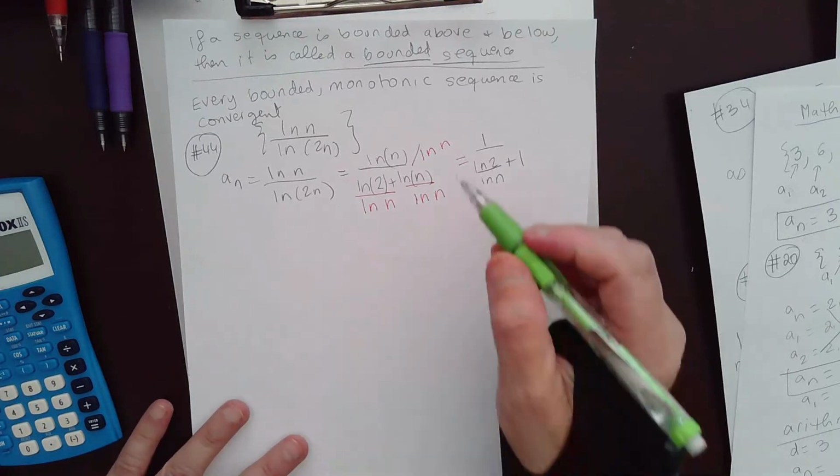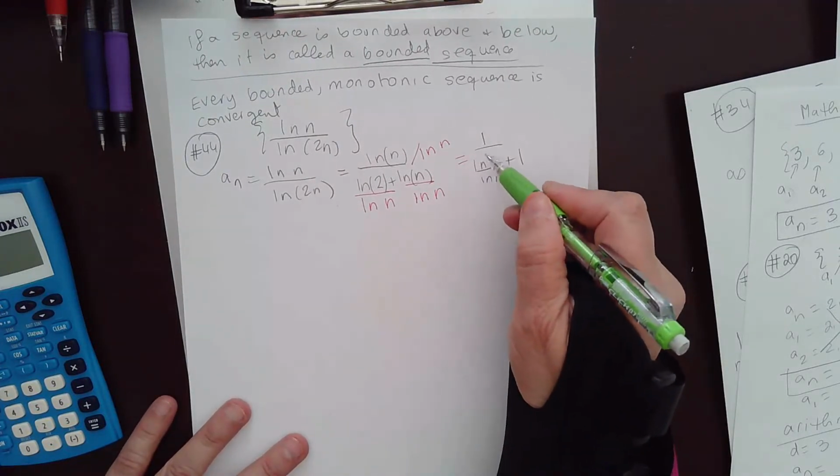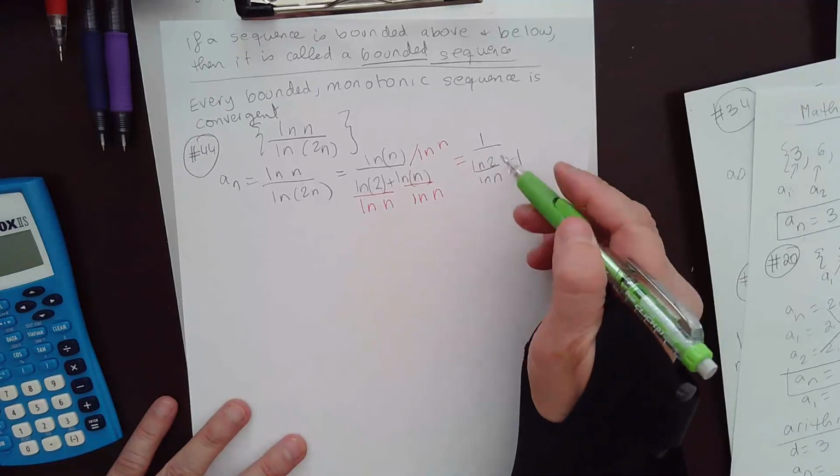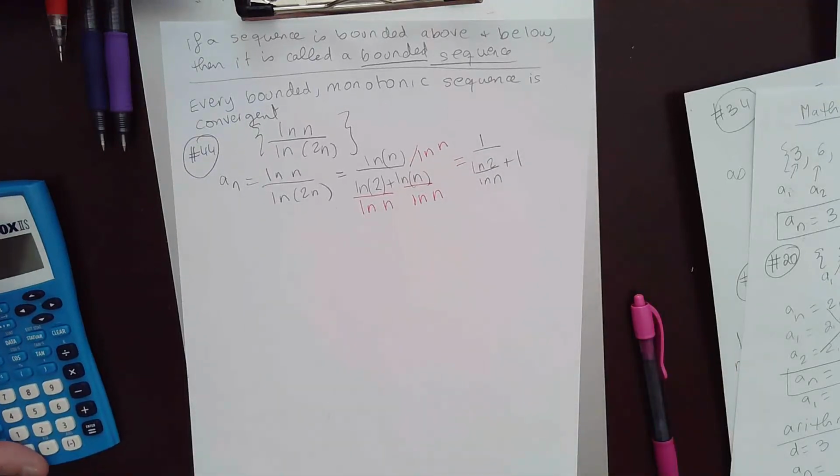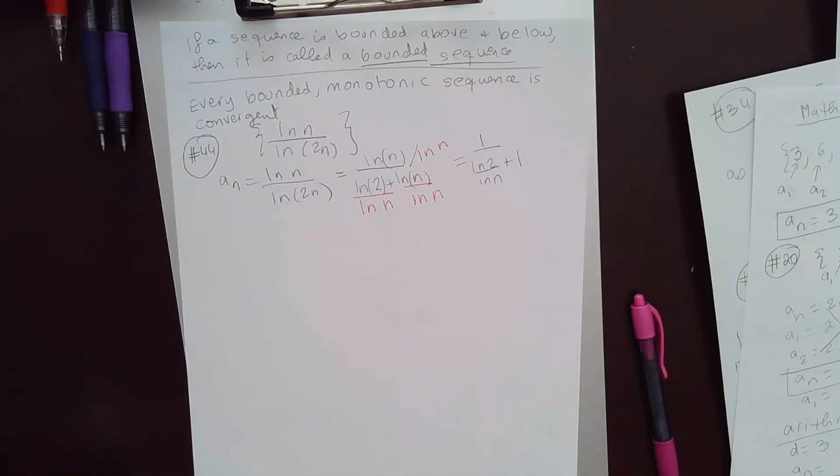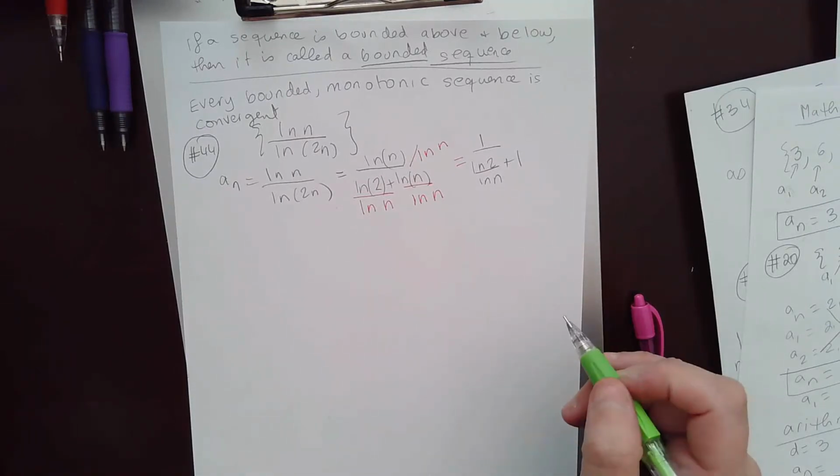Now, as n approaches infinity, this is going to become 0, isn't it? You can try it in your calculator: if you take ln 2 divided by ln 1000, for instance, you get 0.1.